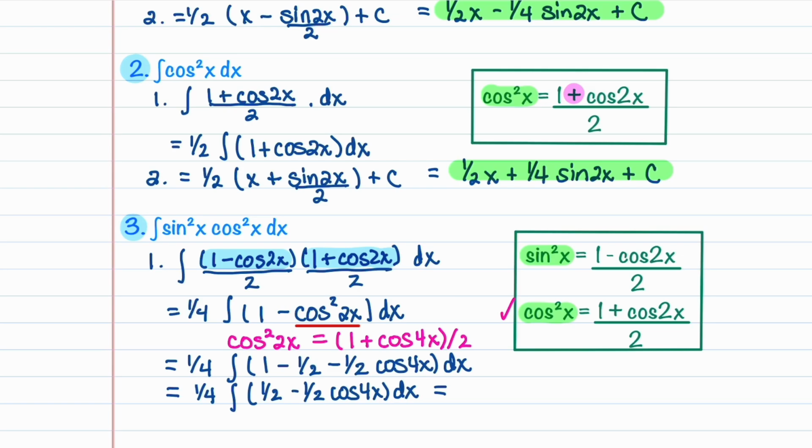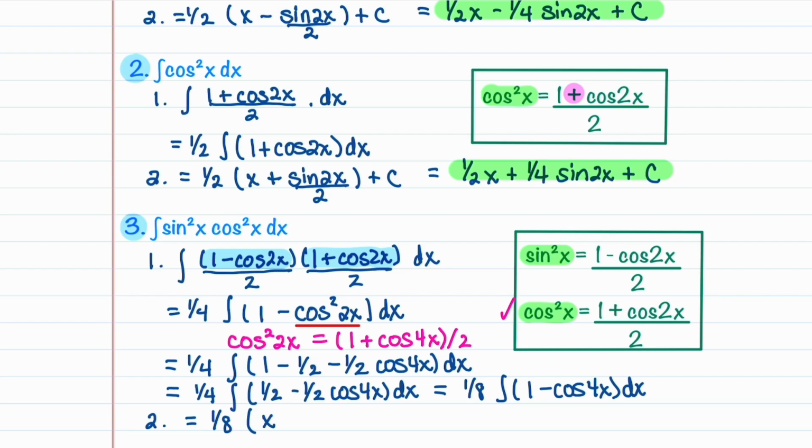Let's pull the 1/2 out. So the 1/2 and the 1/4 make a 1/8. We have the integral of 1 minus cosine 4x dx. Now we can integrate. That's our step 2. This gives us 1/8. The integral of 1 is x.